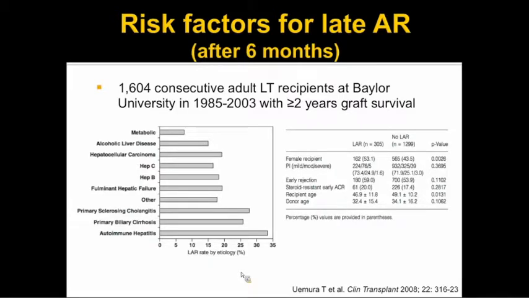I'd like to point out on this slide hepatitis C, which sort of is lowish in terms of risk of rejection, at least in this study, but I'll contrast that to some future studies that I'll present to you in a moment. Aside from diagnosis at the time of transplant, female recipients and younger recipients also appear to be at increased risk.